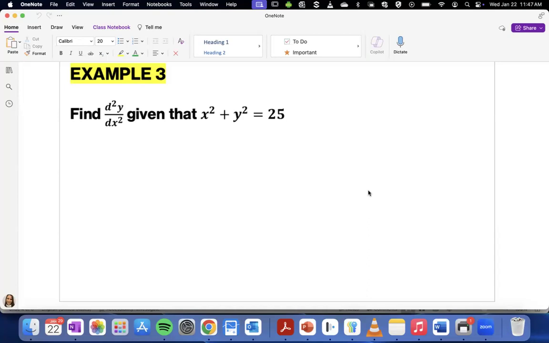So I'm just going to show you one example. I don't expect to give you a lot of practice or testing on it, just occasionally, so you see it. Find d squared y over dx squared given this equation. What am I asking you to find?